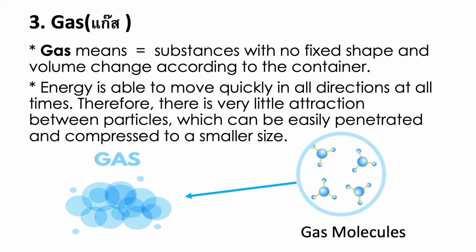Now, as you can see, in the example the molecules do not stay together, very far from the other molecules, and these are the examples of changing the shapes and volume also being changed according to the space of the container.